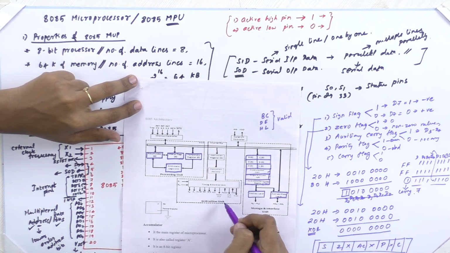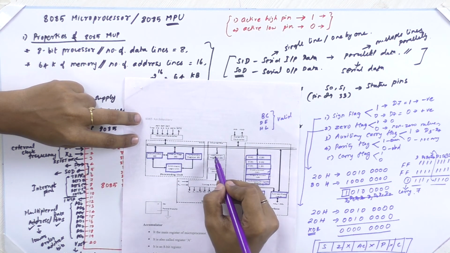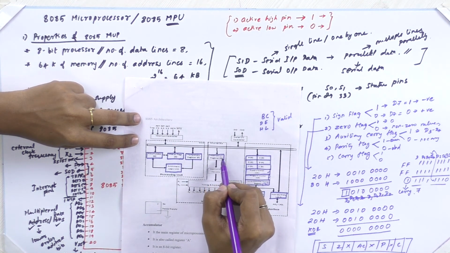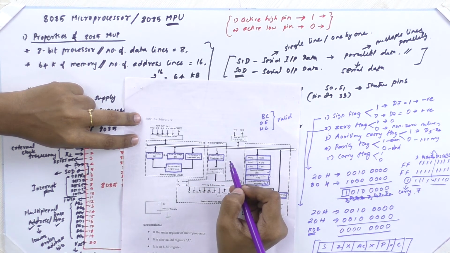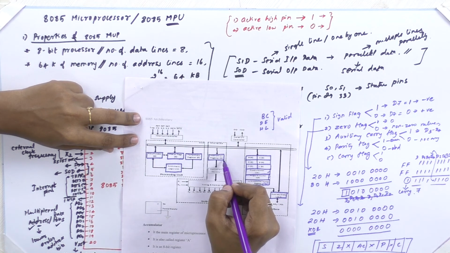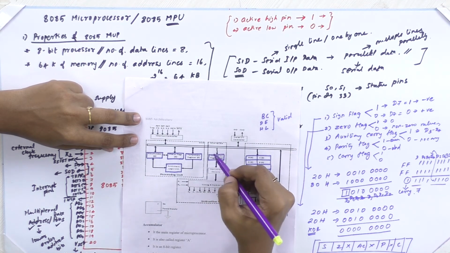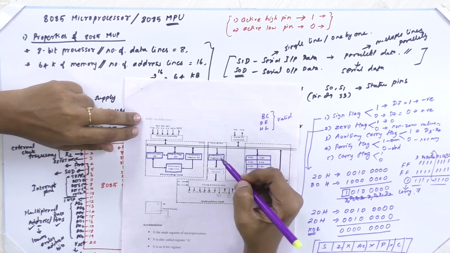Next comes the instruction unit, which starts with the instruction register. This instruction register is used to store the information about the instruction that is being executed, such that it stores the opcode.